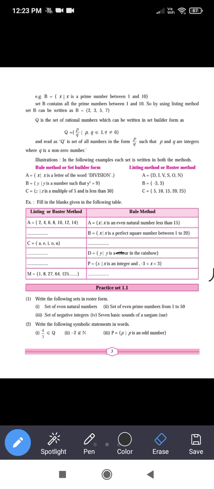Third question is set of negative integers. And fourth one, seven basic sounds of a sargam, or sur.